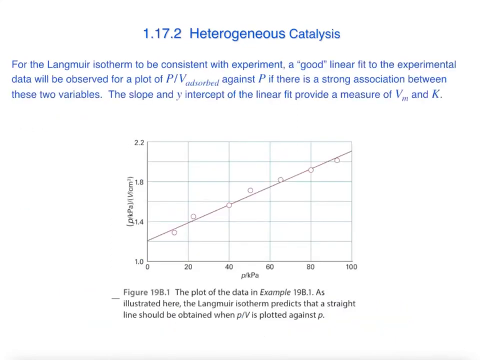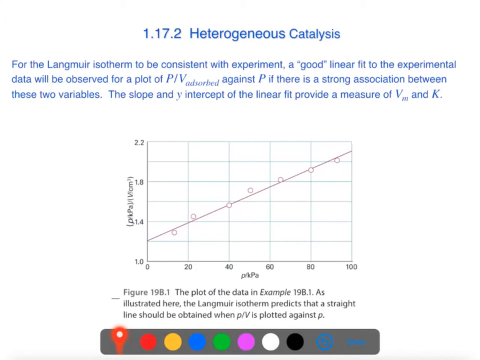So for the Langmuir isotherm to be consistent with experiment, a good linear fit to the experimental data will be observed for a plot of the ratio of the pressure over V adsorbed against pressure, if there is a strong association between these 2 variables. The slope and y-intercept of this linear fit give a measure of Vm and the equilibrium constant.